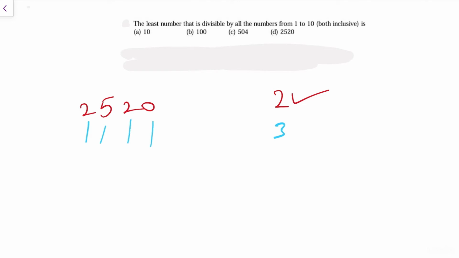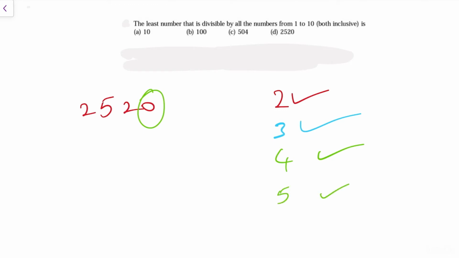So 9 is the sum of the digits, so it is divisible by 3. Next, divisible by 4: last 2 digits we need to check, that is 20. 20 is divisible by 4, so the total number is also divisible by 4. Next, with 5, if the last digit is 0 or 5, then it is divisible by the 5 table. Here the last digit is 0, so definitely it is divisible by 5.